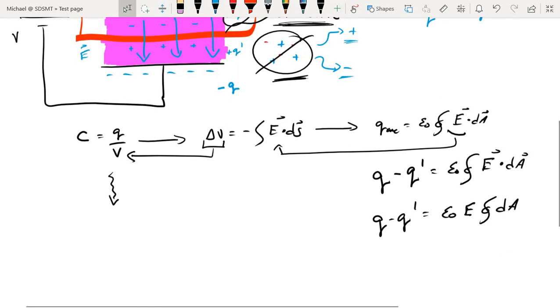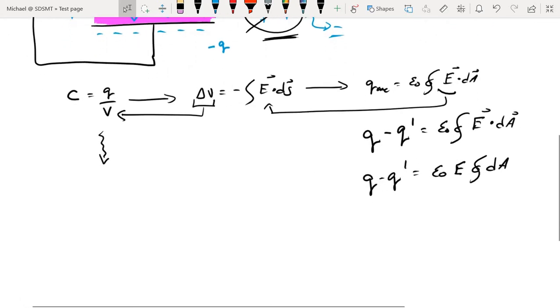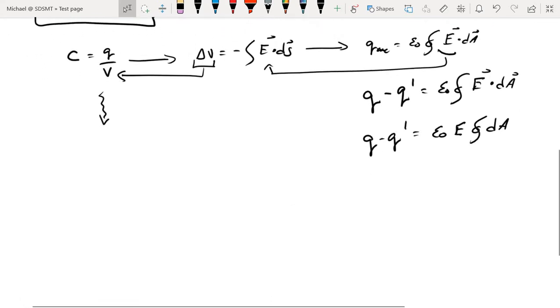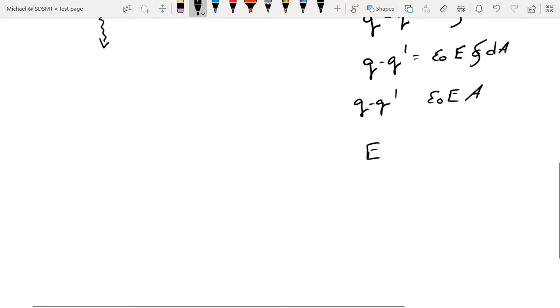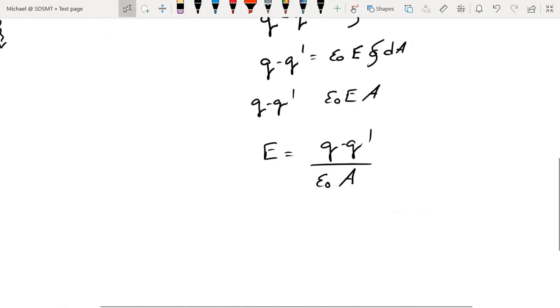All that was left was to integrate about the surface that the fields passed through, but that was just going to be the surface area of the capacitor plates themselves. And so everything here should look very, very familiar. For our dielectric system, this is the electric field between the two plates.